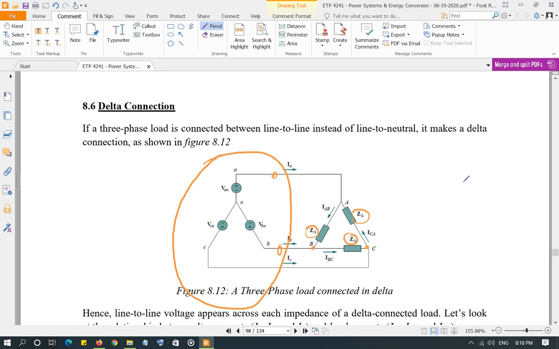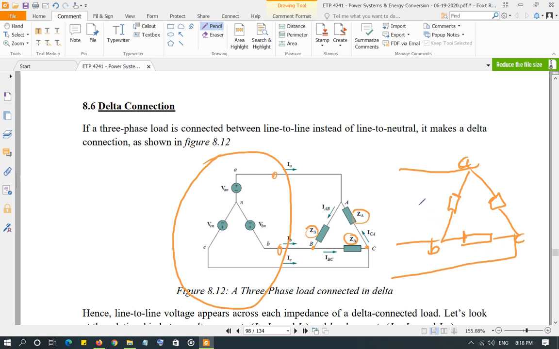All you have to show is the delta connected load like this, and then A, B, C. So you can show 3 lines coming in, and this is your EAB, your voltage here, this is your ECA, the voltage here, and this is your EBC, the voltage here.